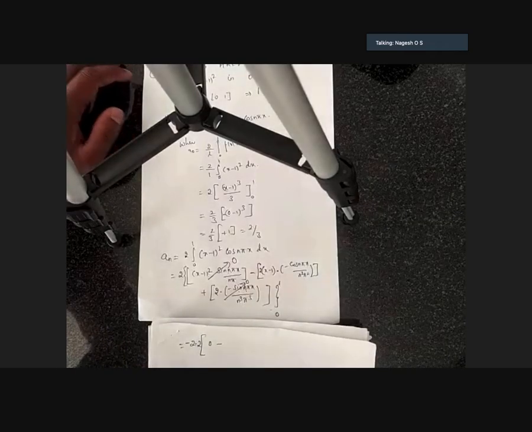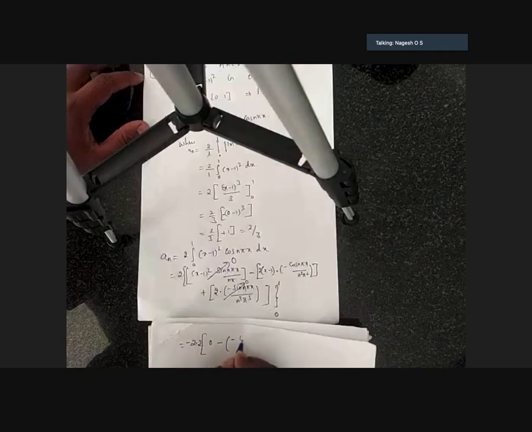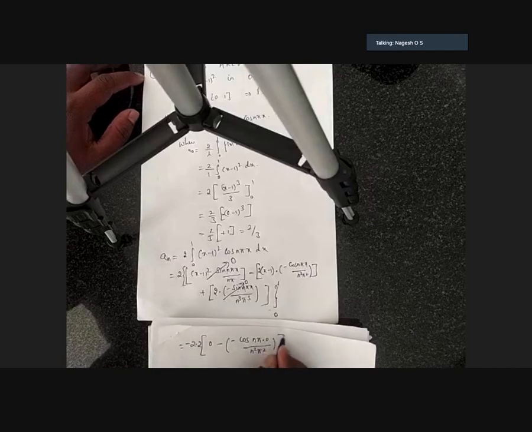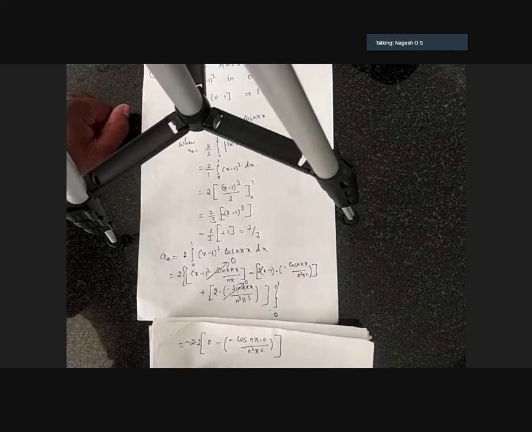The upper limit is 0. Okay, minus, already minus 1 is there, minus cos n pi into 0 by n square pi square. Okay, this is minus into minus plus, plus into minus minus.